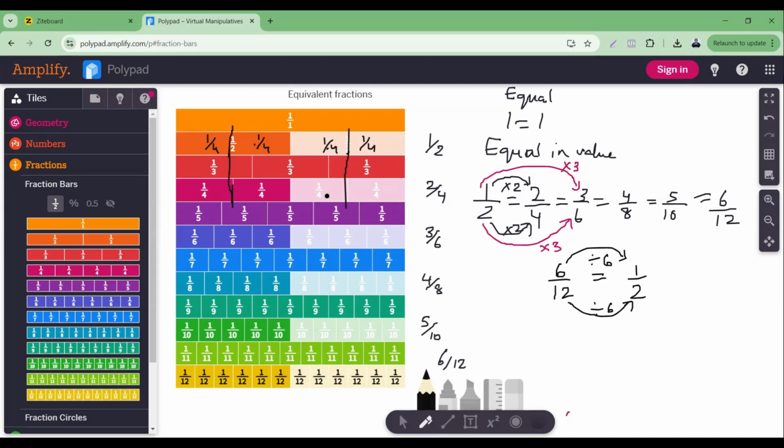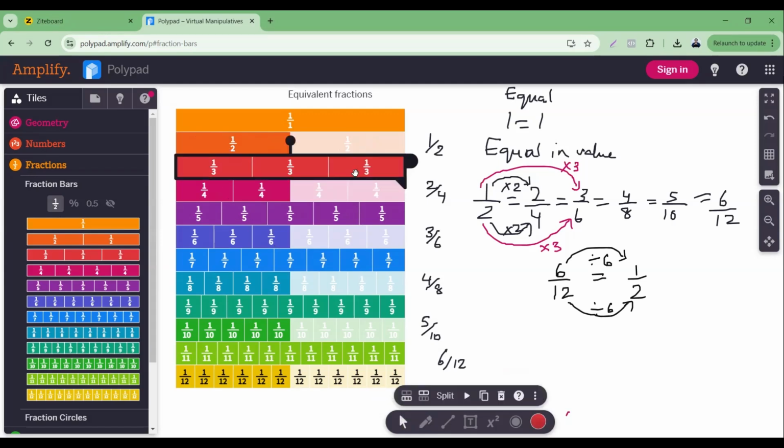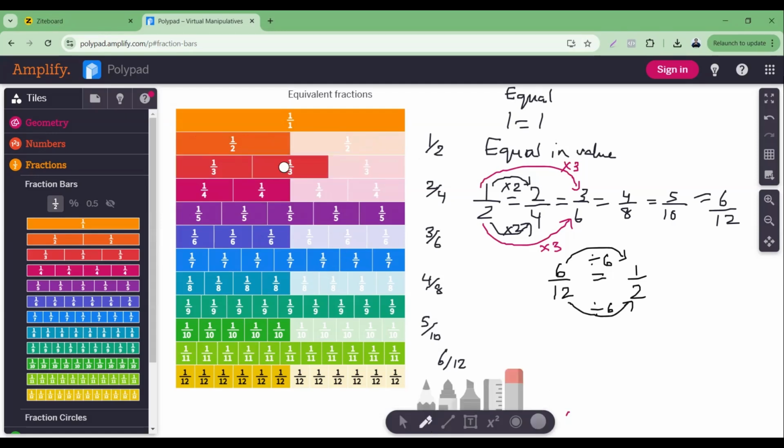Now, can I find, let's say, 2/3 is there. Okay, I'm making it 2/3. Can I find equivalent fractions for this? For that, what I can do is cut this, let's say, into 4 pieces.